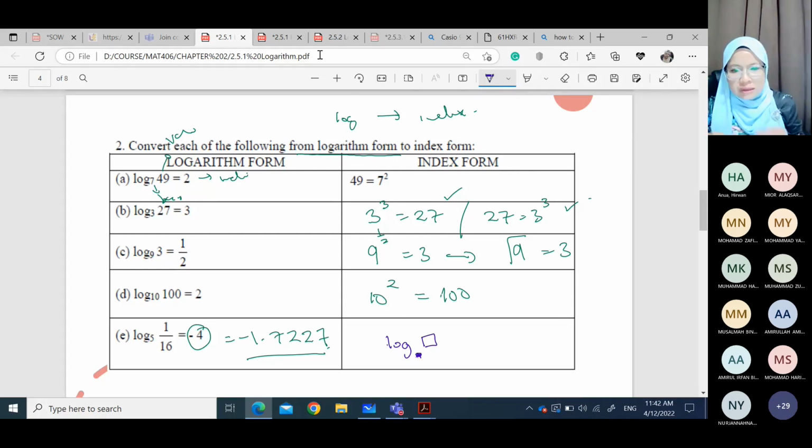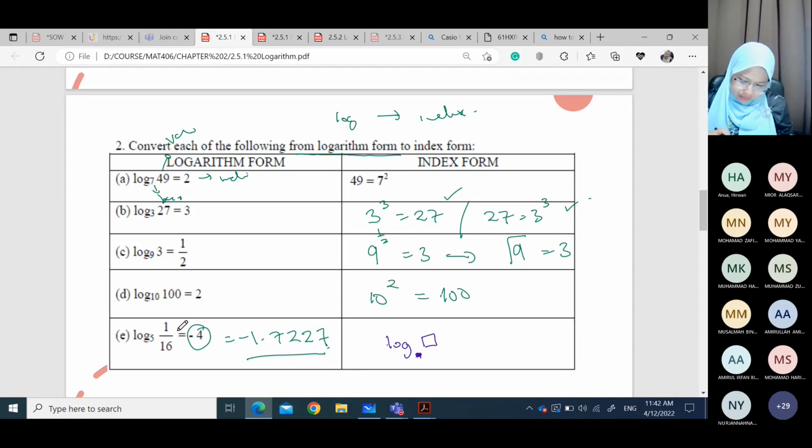Untuk kalkulator yang model tu tadi, dia ada log base 10 saja. Katakan kita ada log base 5 of 1/625, try yang ini.